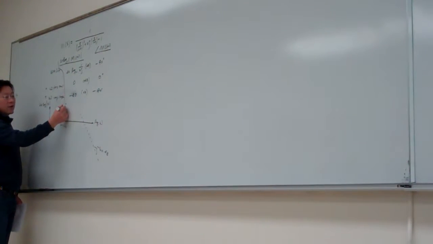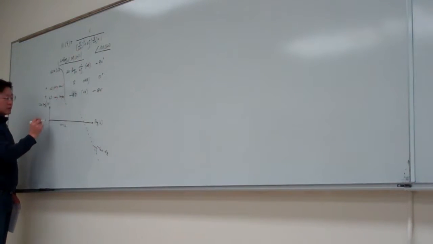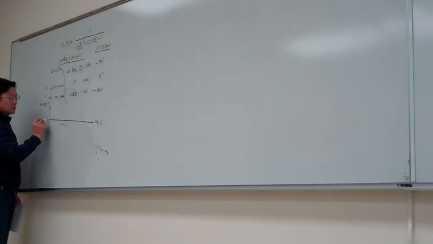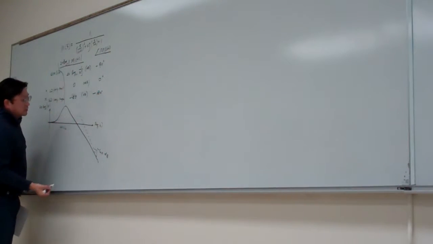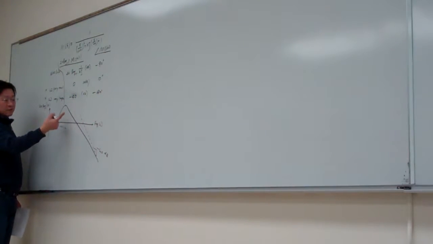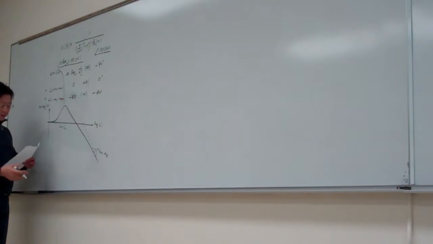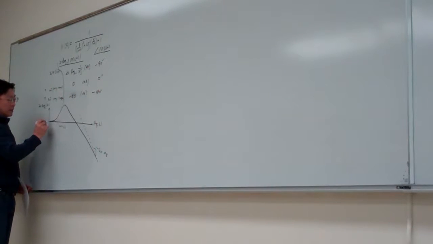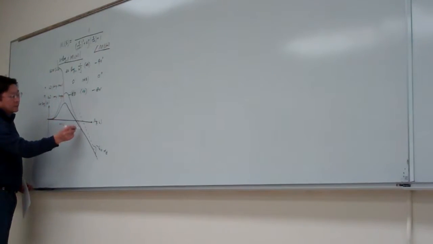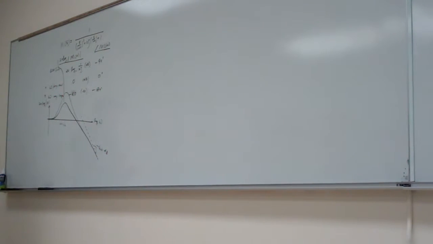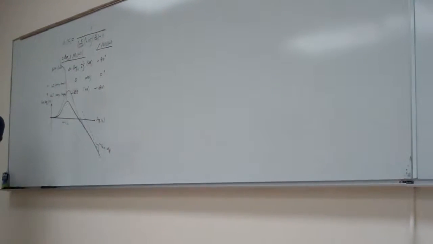If we pick a different value of zeta, we have a different number here. So we simply connect the whole curve smoothly, and it would be something like this. This is for a certain value of zeta, and we can have a different curve for a different value of zeta, just like the handouts here.